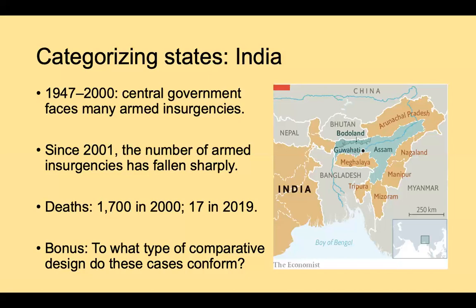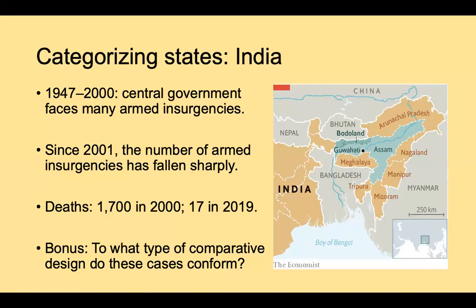Whereas between 47 and 2000, there were dozens and dozens of uprisings, since 2001, there have been far fewer, and the numbers have fallen so sharply that in 2019, as few as 17 people died as a result of insurgencies waged in those provinces. Contrast that with 1,700 in 2000 at the height of disorder in that earlier period. So we see then that these two time periods went very different ways in India.